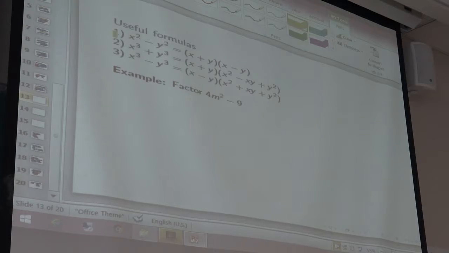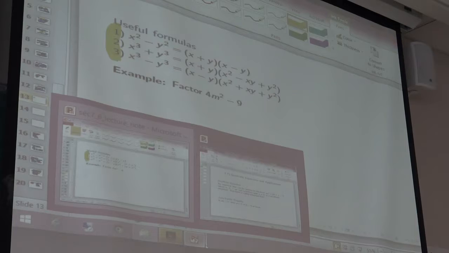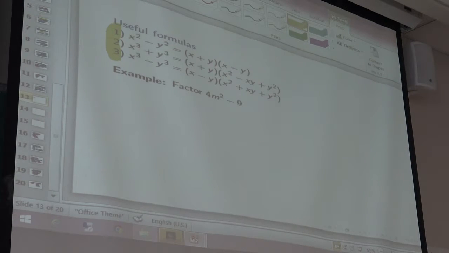Now some useful formulas. x squared minus y squared is x plus y times x minus y. x cubed plus y cubed is x plus y times x squared minus xy plus y squared. x cubed minus y cubed is x minus y times x squared plus xy plus y squared.